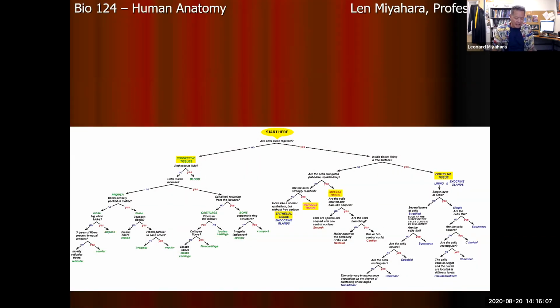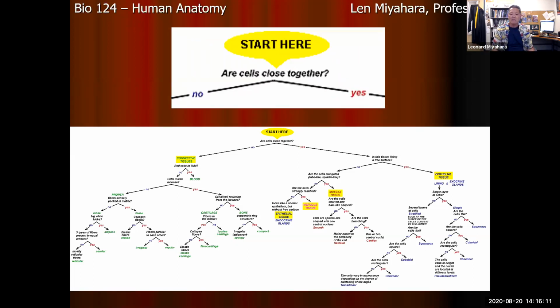Where should we begin? I think we should begin where it says start here. Okay, now look at that first question and look at how I told you how to start your 20 questions. A dichotomous key is a systematic way of doing your 20 questions.